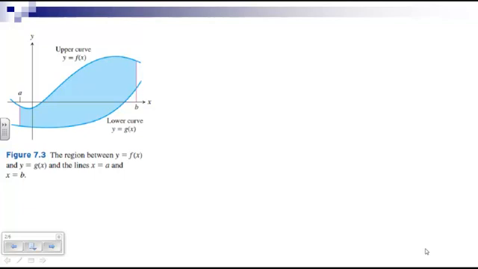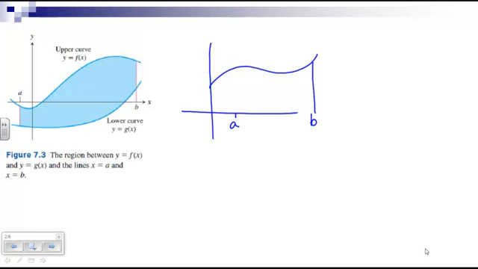Now, to make an analogy, when we did area strictly below a curve, we drew a picture that looked like this. And then we said, here's A, here's B, and there's the area that we're interested in finding out about. But then we needed to conceptualize the area under the curve, and we get back to the idea of the Riemann sum, where we break up this area into a bunch of rectangles.